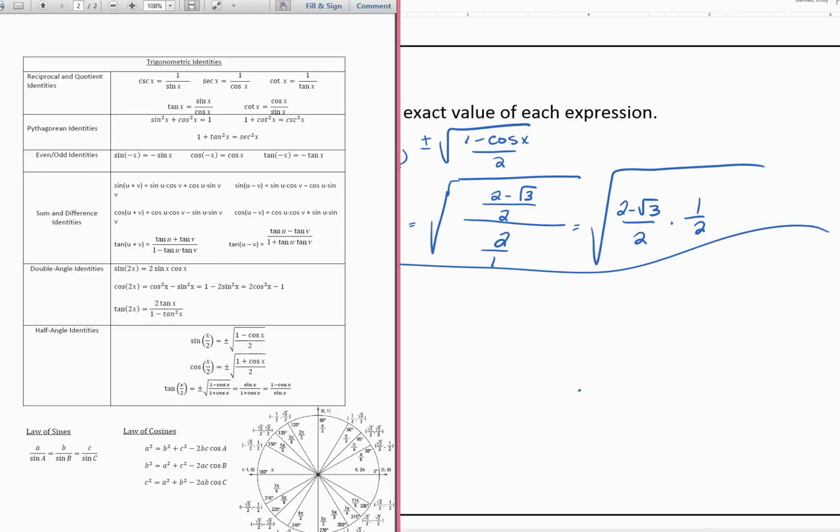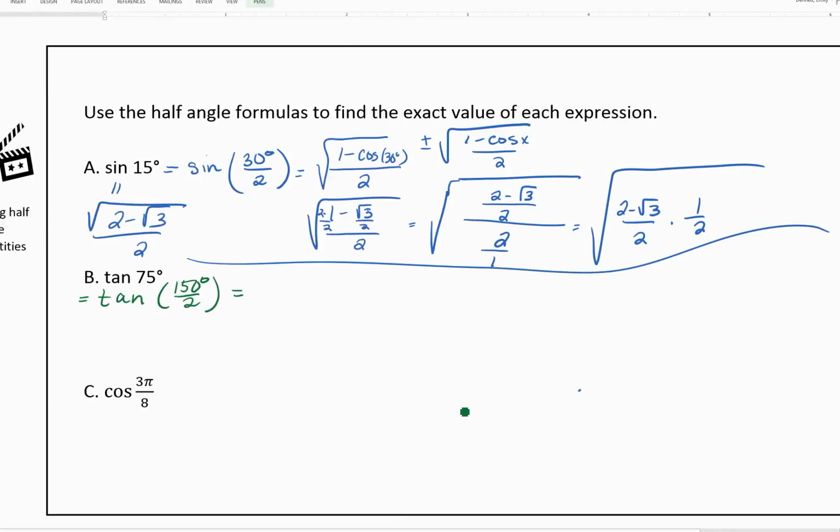We need to go to our formula sheet and look for the tangent of half angle. You'll see there are 3 different ones that we can use, and it doesn't matter which one you choose. I'm going to use the second one just because it's a little simpler: sine of x over 1 plus cosine of x. Our x is 150.